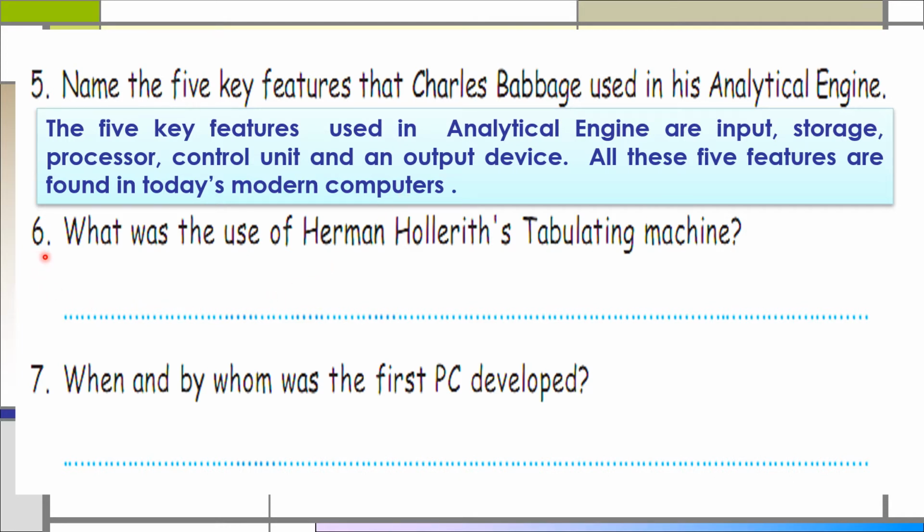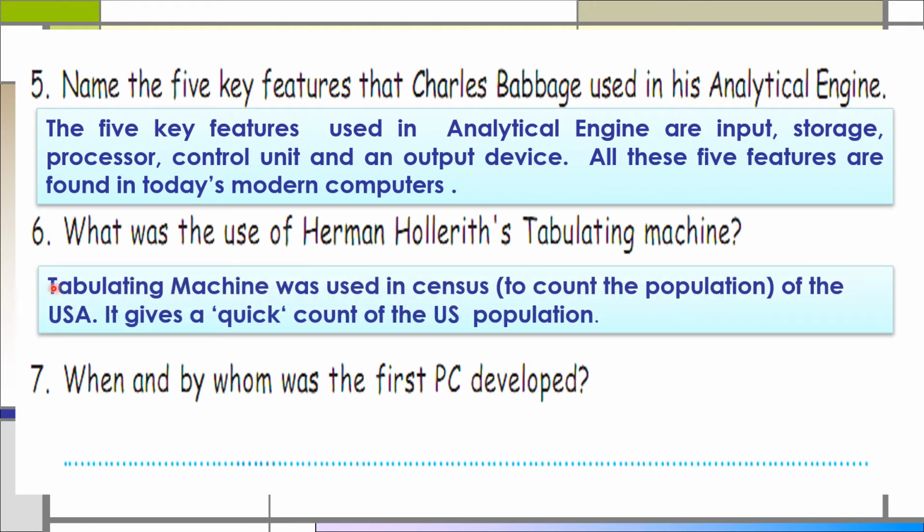Number 6. What was the use of Hermann Hollerith's tabulating machine? Tabulating machine was used in census, that is to count the population of the USA. It gives a quick count of the US population.